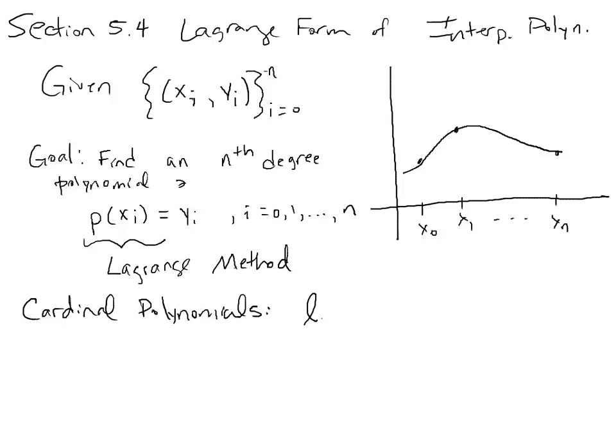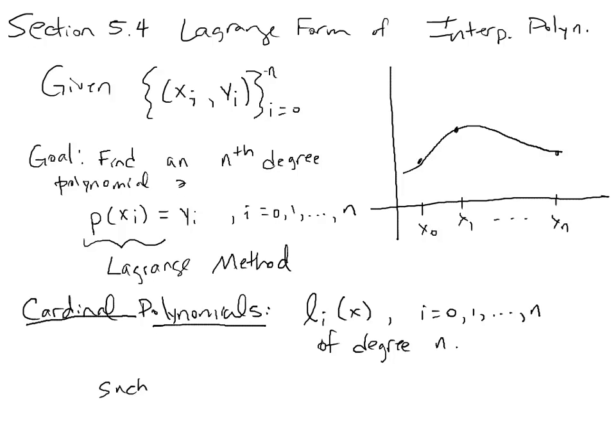They're going to be L sub i of x, where i again goes from 0 up to n, and these are all of degree n, with the following property. In order for them to be cardinal polynomials, if you take L_i, the ith cardinal polynomial, and plug in the jth point, x sub j, you get one of two things.